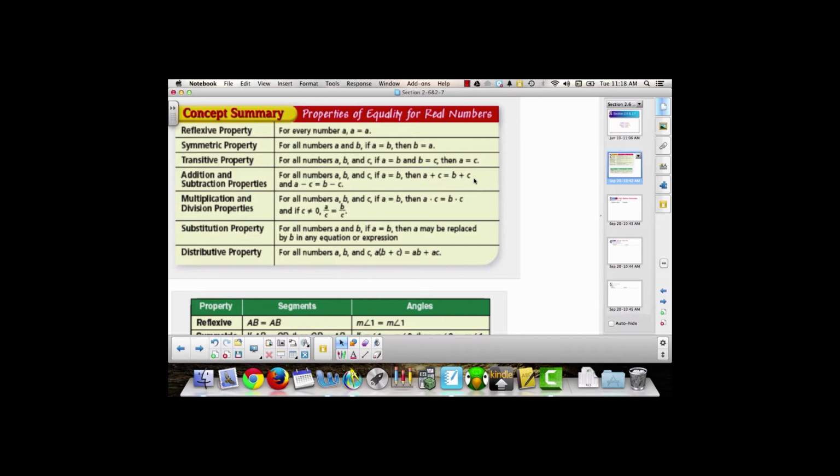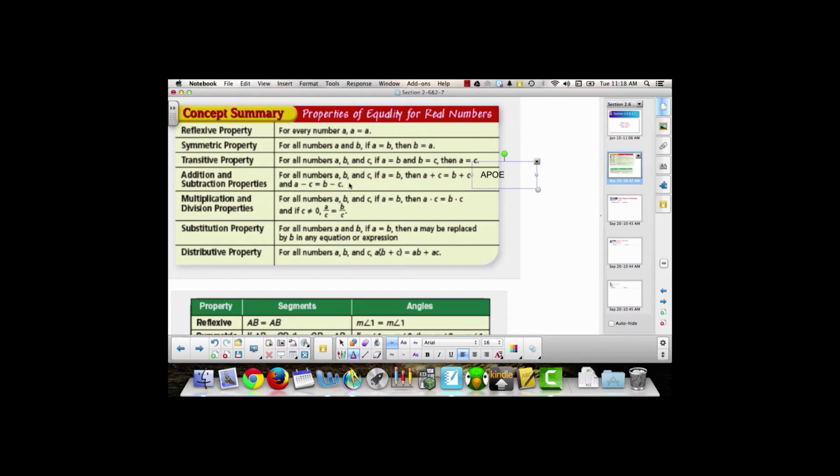The addition and subtraction properties of equality you use when you solve algebraic equations. So when you have an equation and you add a number to both sides of an equation, that's the addition property of equality, or as we'll write it, APOE.